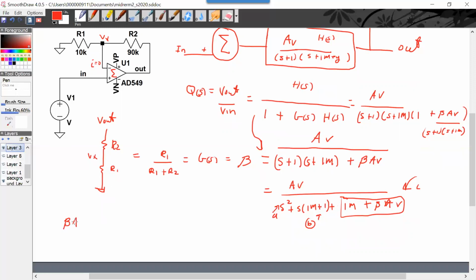So beta AV just has to be much, much greater than, and I'm just going to put here the magnitude of this. And then that'll ensure that it'll work, right?